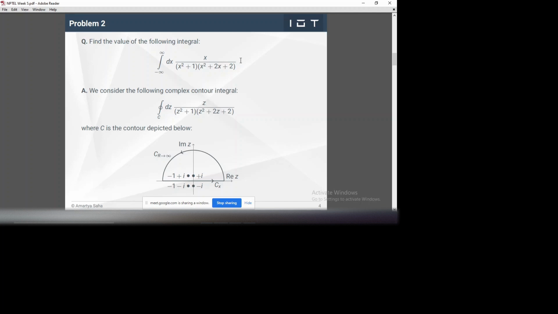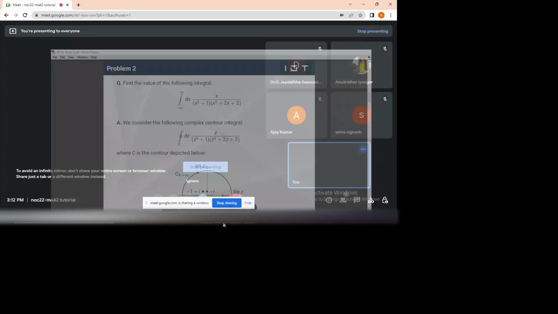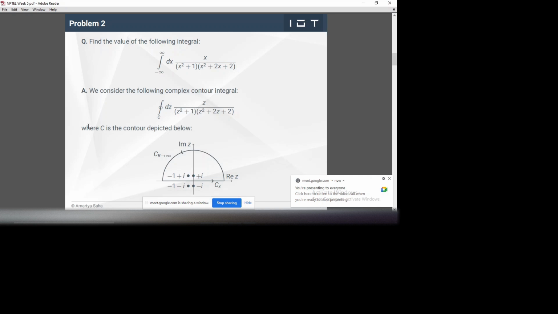So what do we do? To evaluate this integral, let us consider this complex contour integral. You will think that I have written x just as z, but most importantly, this is the contour.